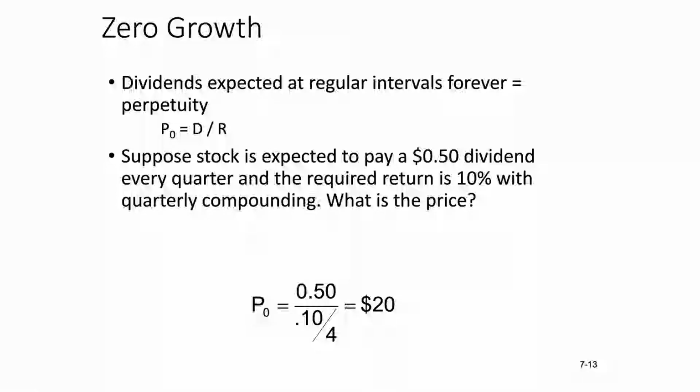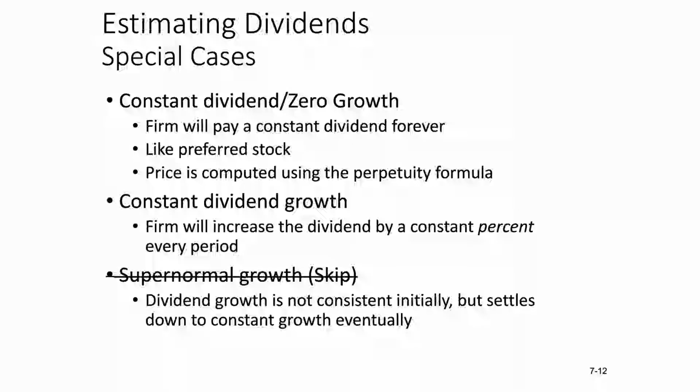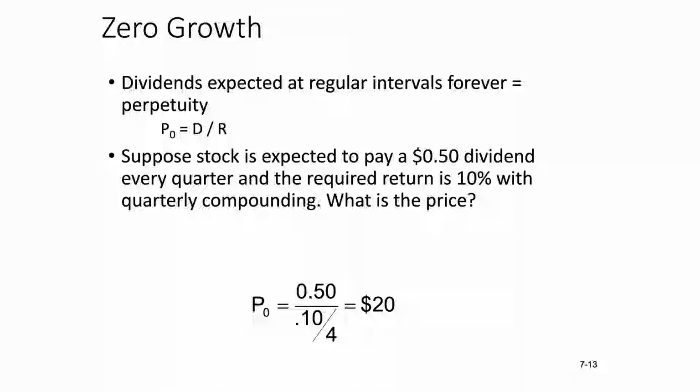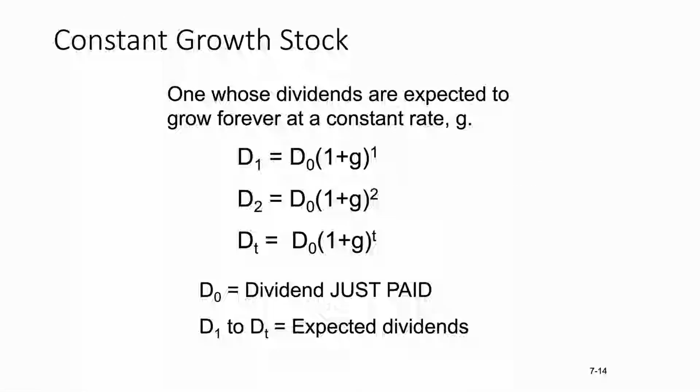You are paid quarterly, so you have to adjust to a quarterly rate. Mathematically, 0.1 divided by 4 equals 0.025. Then your result is $20. That is the company's stock price, $20, for 0 growth. That's the easy one.